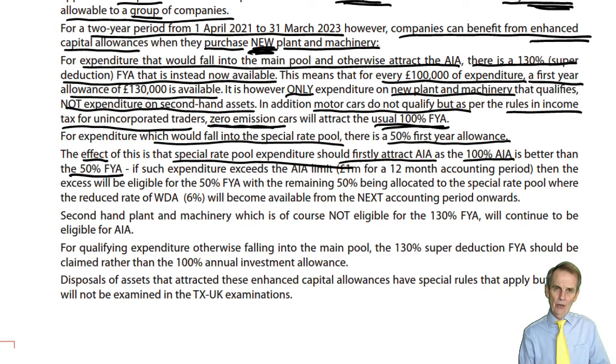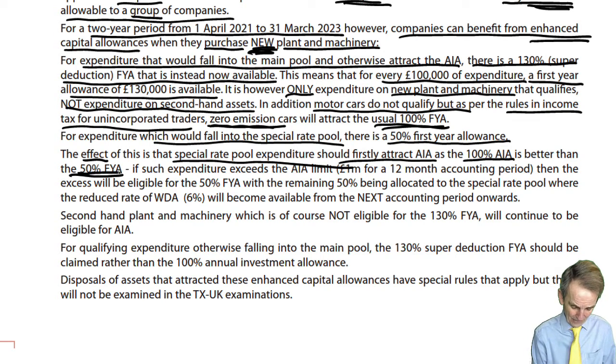So we'll give the 100% AIA, but if we go above the £1 million or whatever the revised limit may be for AIA, then on that excess that we've not been able to claim 100%, good news. Instead of only being able to claim a 6% WDA, we instead get a 50% first year allowance.